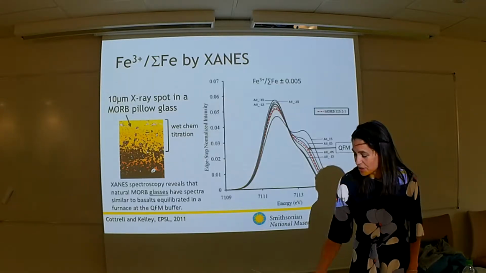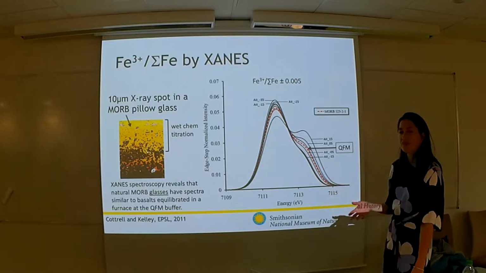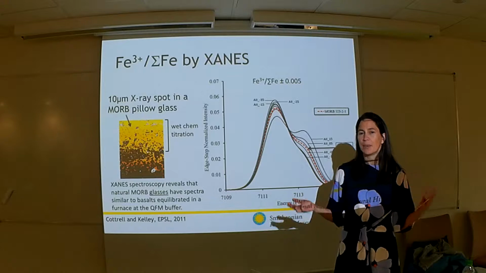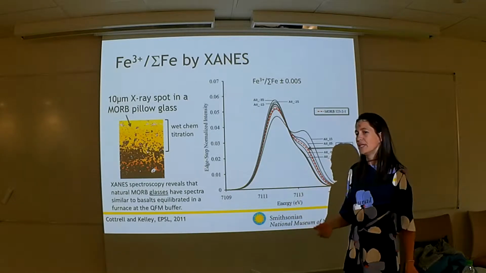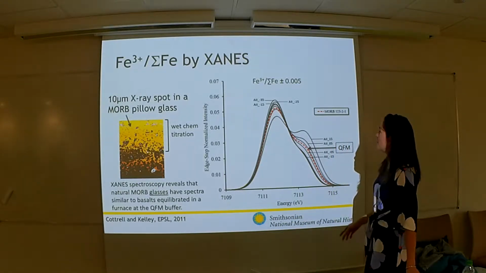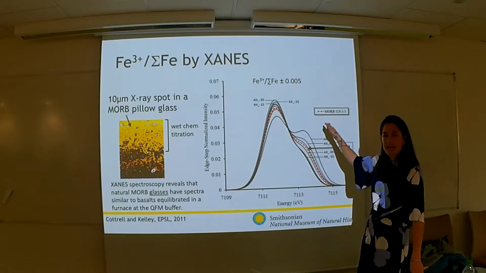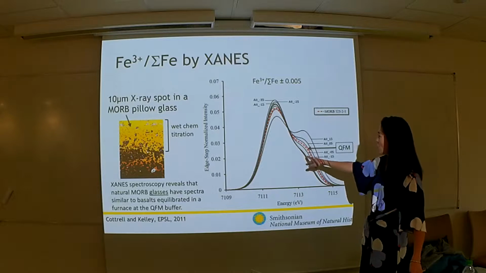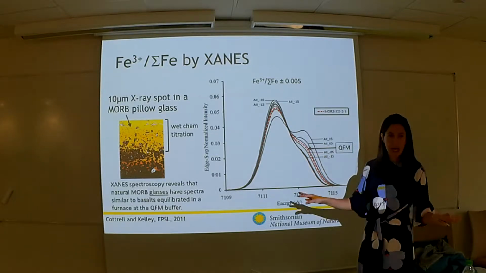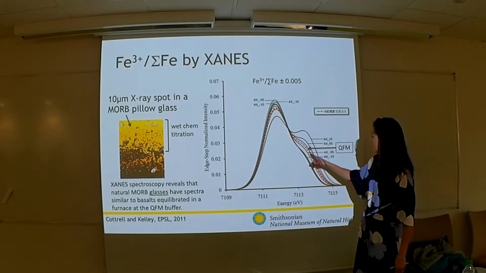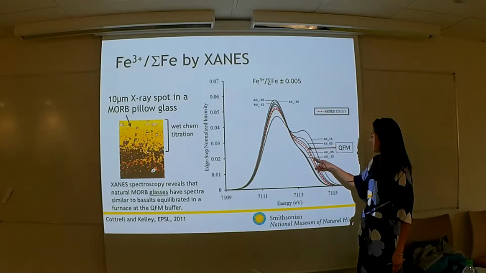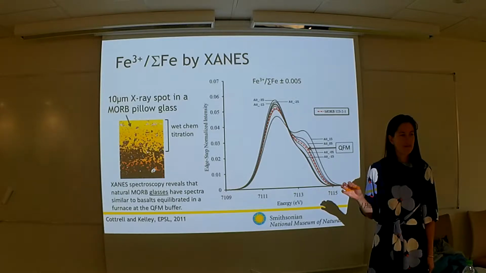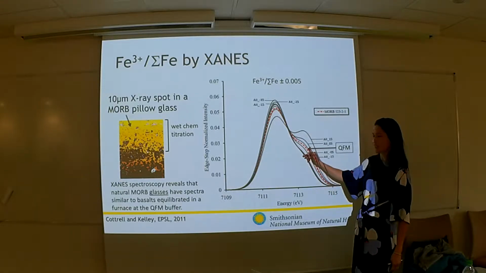So that's the calibration. And the main finding that I think is gaining more widespread support, and I'll show you some new data, is that the spectra of natural mid-ocean ridge basalts, there's one here in red that I'm showing with these background subtracted spectra, is that most basalts fall somewhere between the quartz-fayalite-magnetite buffer, QFM, -0.5 and +0.5.